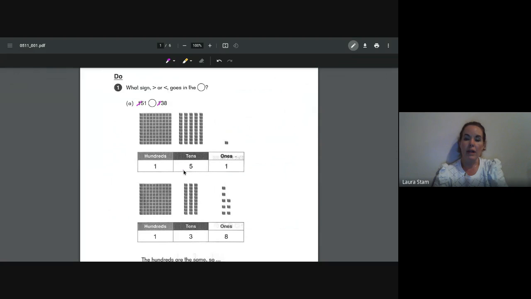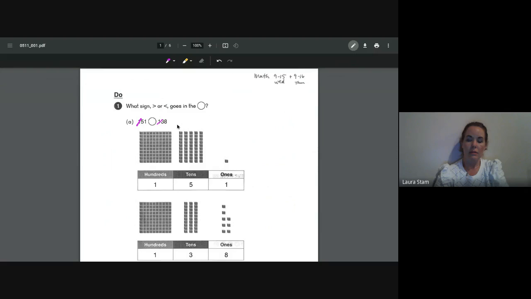And we have a 5 and we have a 3. And those are different. So that means we can compare these, and we see that 5 is larger than 3. So this tells us that 151 is greater than 138. Okay, so we're going to put that symbol here.